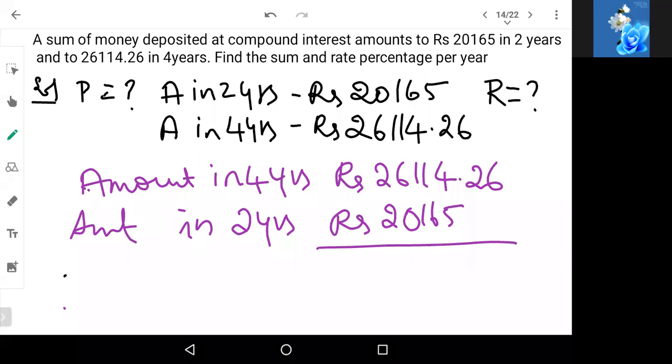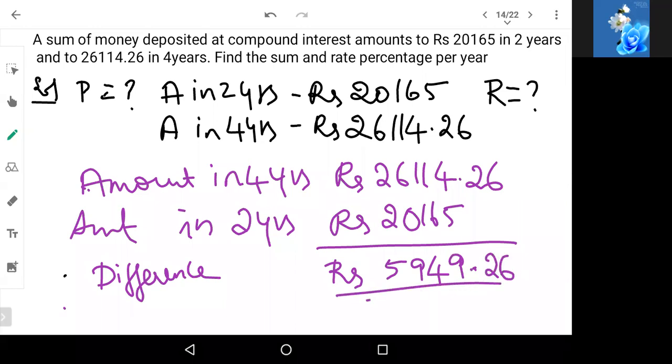Now subtract these two and find the difference. The difference is going to be 5,949.26. We are just finding the difference between the two amounts that is given to us.